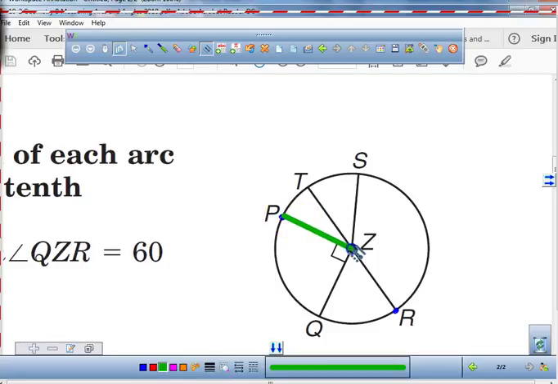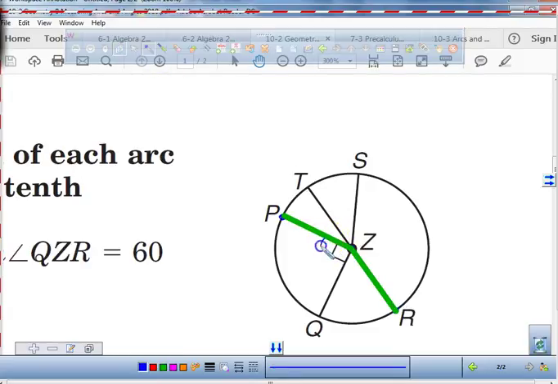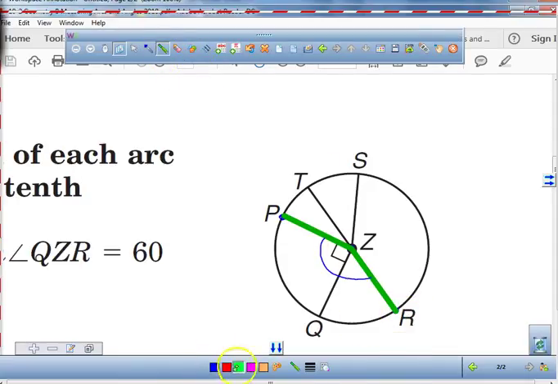Going from P to Z to R. So how many degrees is that angle? 150. Now we're trying to find from P to... Can you guys see the Pac-Man? We need to know the measure of this arc, not this arc. So we need this whole thing. Right here, I'm shading it in.